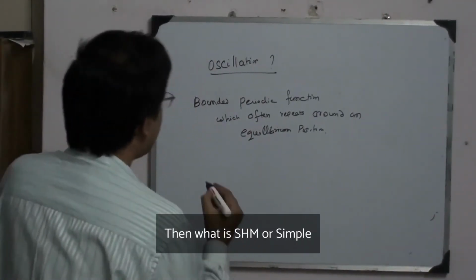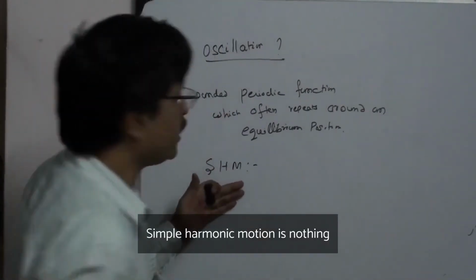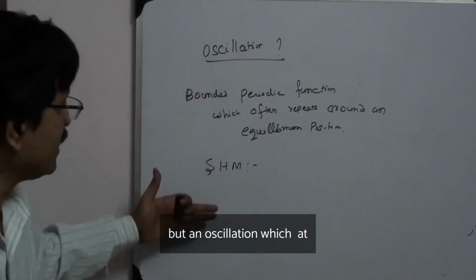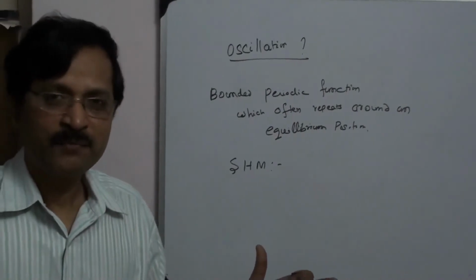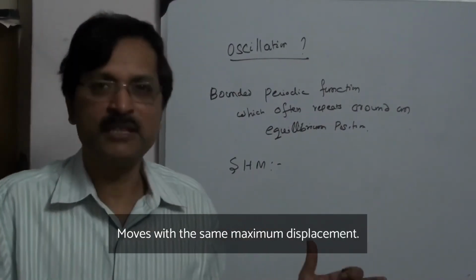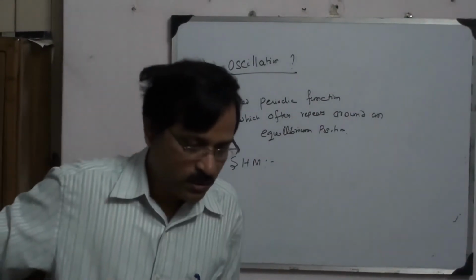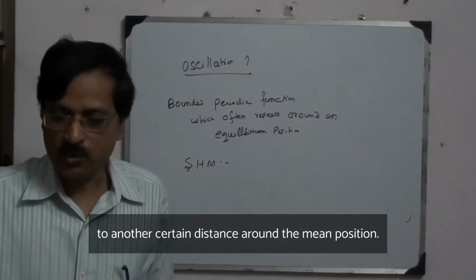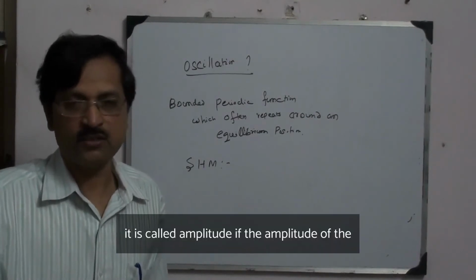Then, what is SHM or simple harmonic motion? Simple harmonic motion is nothing but an oscillation which at every point of time moves with the same maximum displacement. That means if an object goes to a certain distance and comes back to another certain distance around the mean position, as we will know later, it is called amplitude.